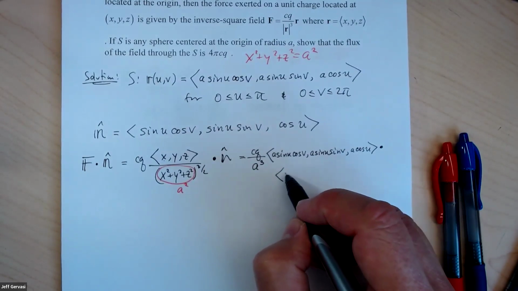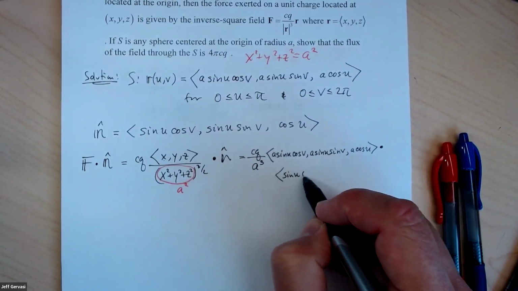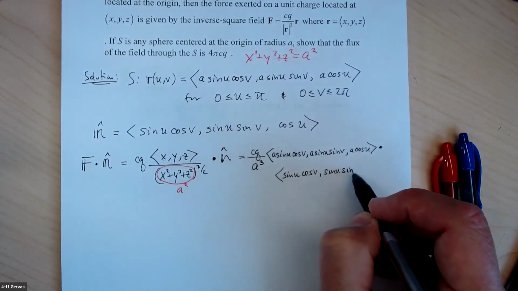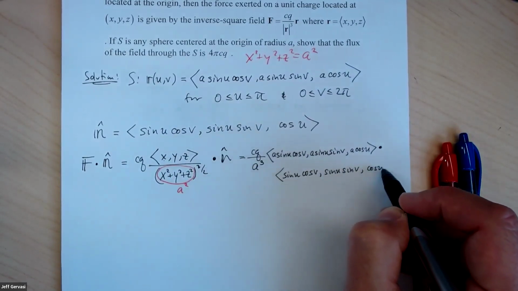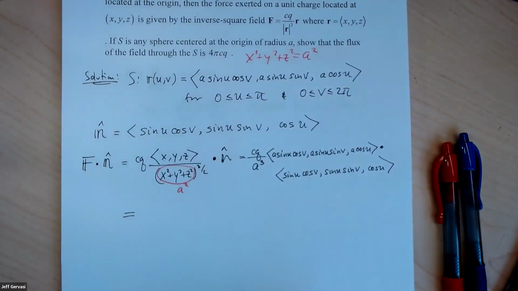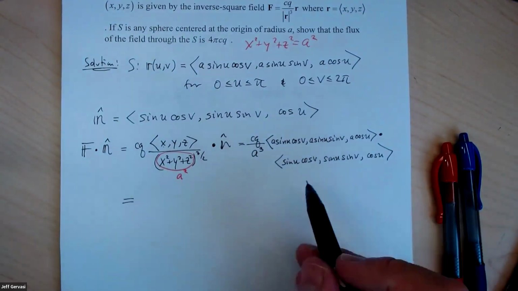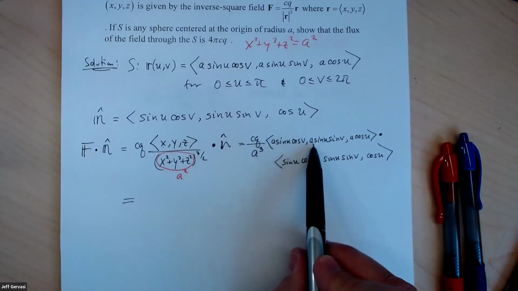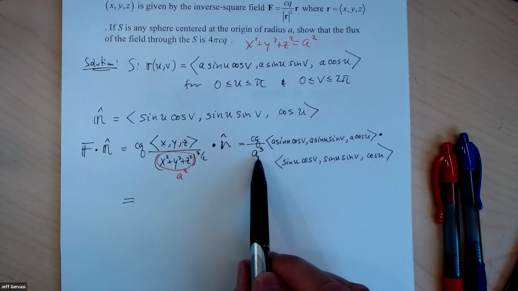Sorry about that, everybody. Okay. Notice also, everybody, I can factor out an a from here, here, and here, and cancel it with the a to the third.